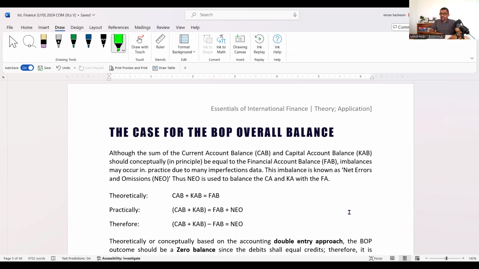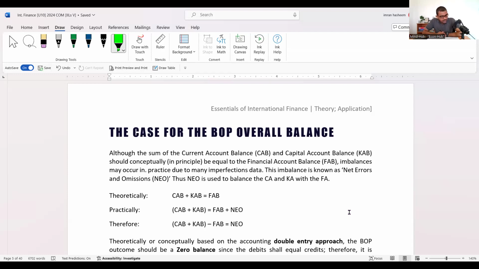And it's important that you read and have a basic understanding of these 5 items, especially the direct investment and portfolio investment items, which are important for you to know, right? In the other items, what is relevant, I have given you guidance now, right? The case for the BOP overall balance. Read this note. It's a very complete and an updated note, I might add, right?